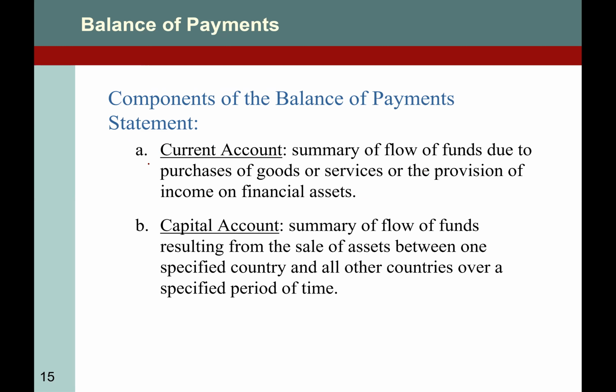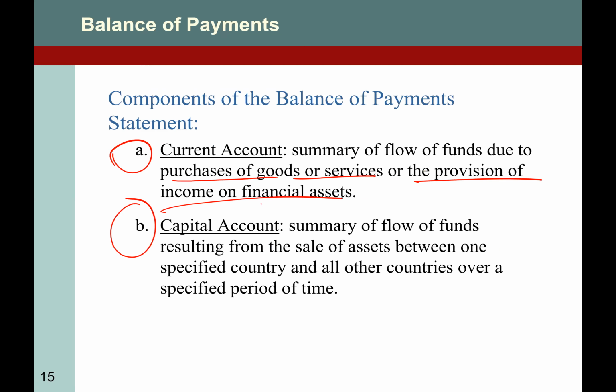So first, the components of balance of payment. Number one is the current account. Number two, the capital account. The current account summarizes the amount of purchases of goods or services or the provision of income on financial assets.